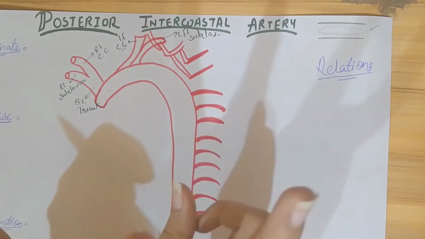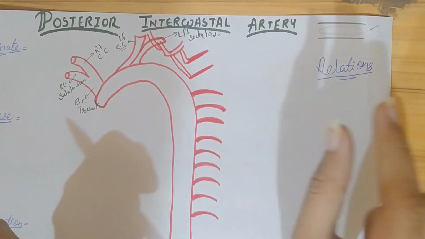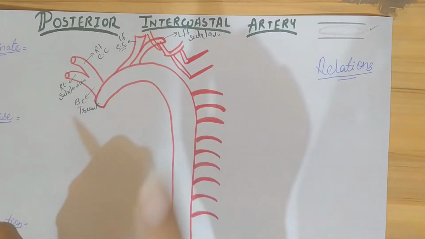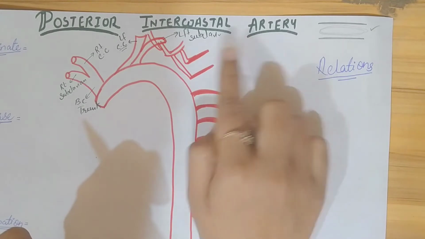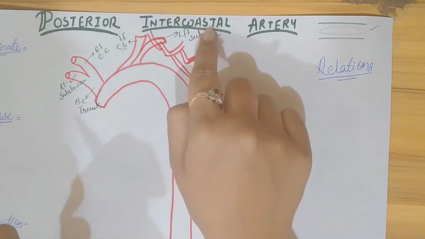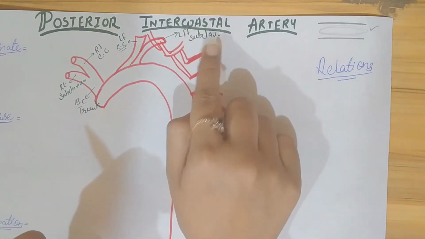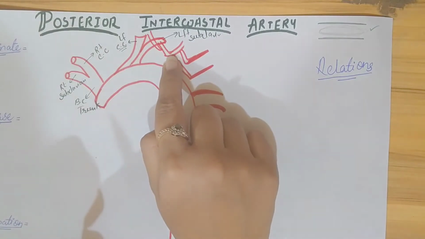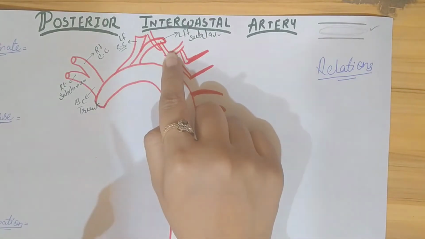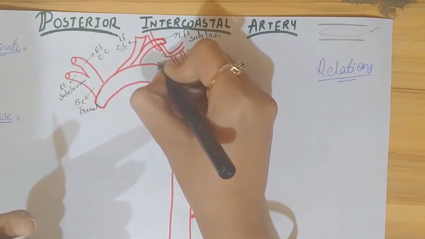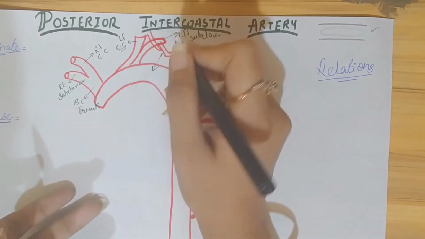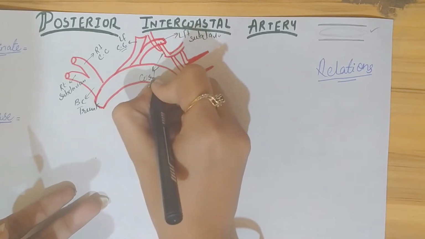The first and the second posterior intercostal artery arise from the subclavian artery's branch. Now here, as you can see, from the left subclavian we got the costocervical trunk. Here we have the costocervical trunk, this one.